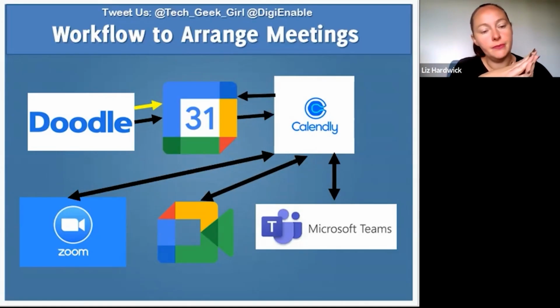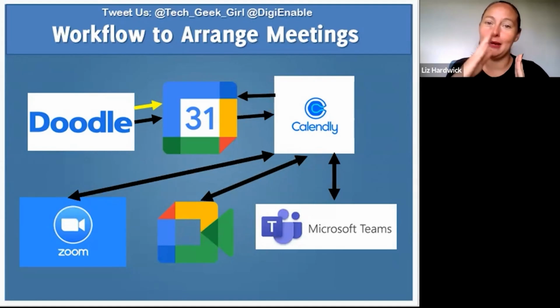So with the Doodle poll option, we're looking manually at our calendars, as I'm sure you do every day. I know I do. Looking manually at the calendar to see what's available. Once we've booked something, it might be manually booked into the Google Calendar, the Outlook calendar, or the internal systems calendar.